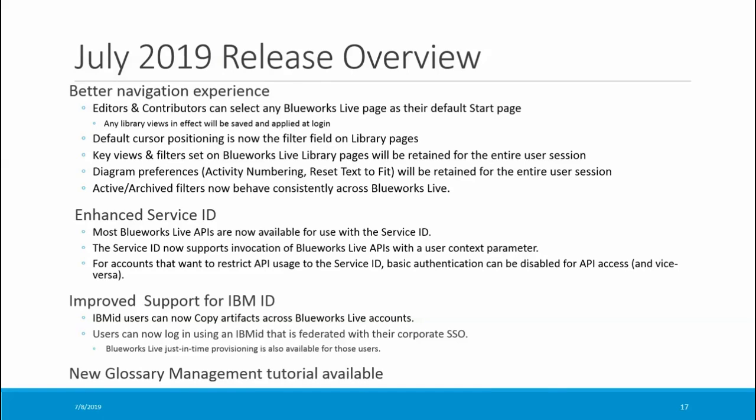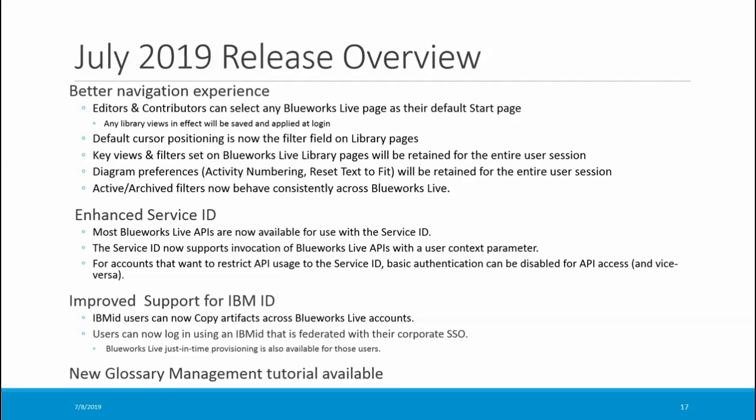Diagram preferences also, in particular activity numbering and reset text to fit, remain in effect throughout the user session for all blueprints unless they're explicitly reset. And the active archive filters behave consistently across Blueworks Live now.